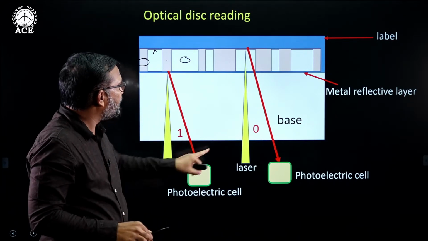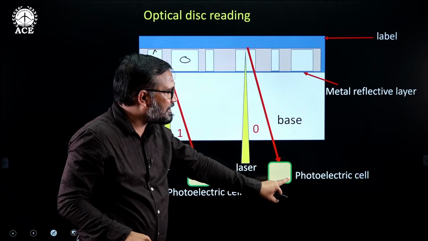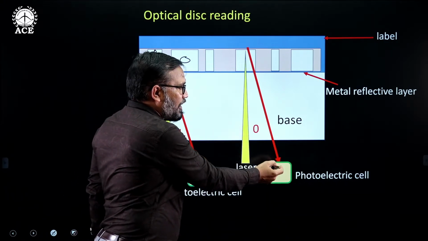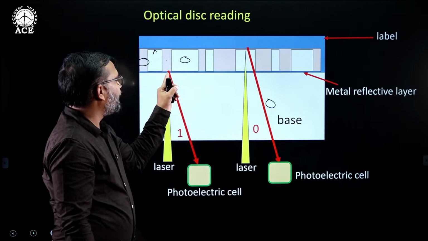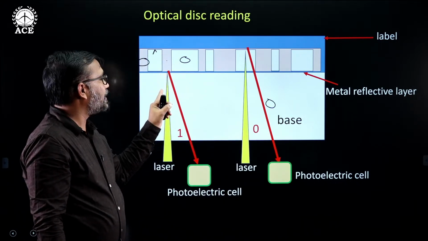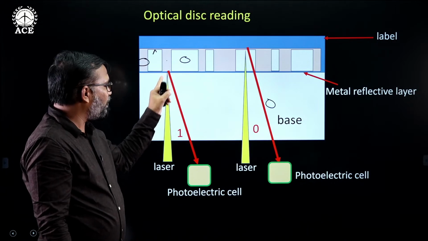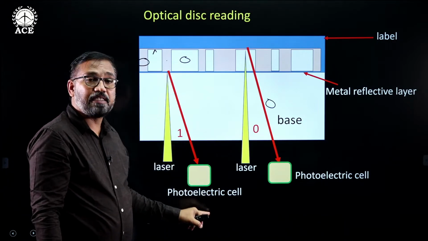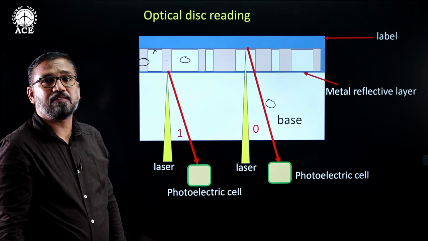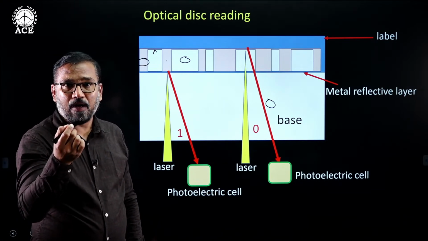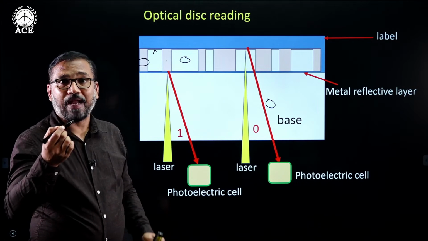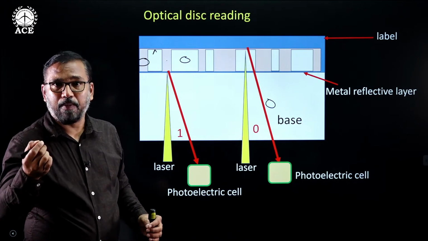So there is no reflected light reaching the photoelectric cell. When no signal is reflected, it is read as 0. When the laser reaches a flat surface, it reflects the light and the photoelectric cell reads that information as 1. So the disc has some patterns, depths and flat places.